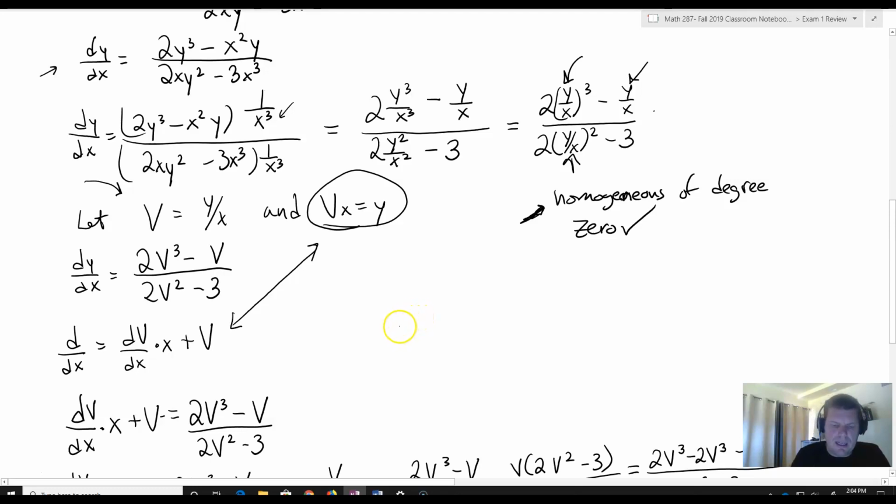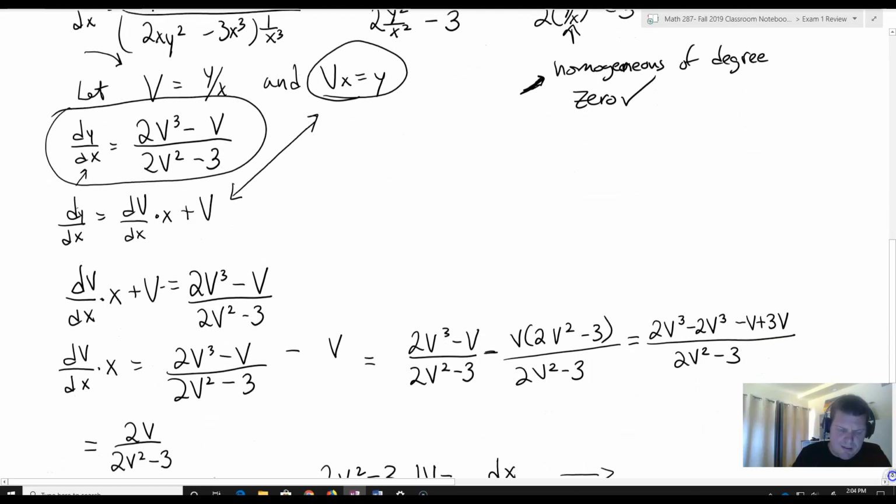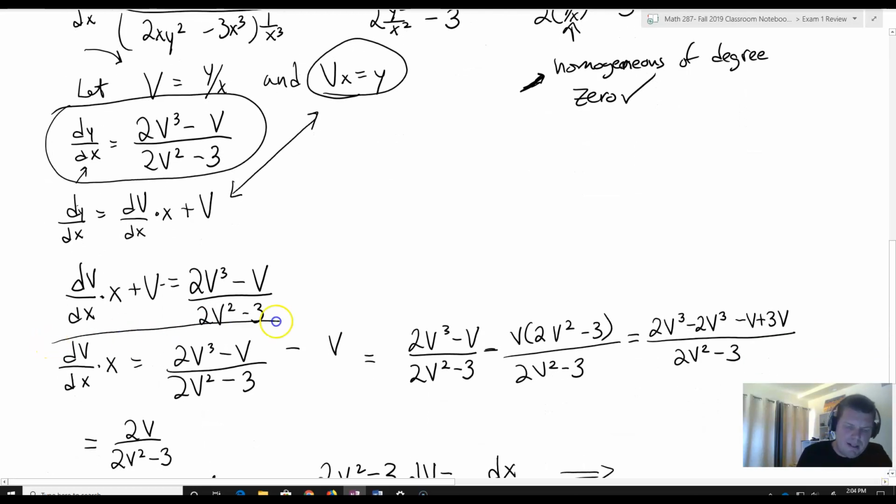Consequently, I end up with this differential equation right here. Then I have to use implicit differentiation to figure out what dy/dx is and make my substitution for dy/dx. Once that's done, what I have is a separable differential equation that I'm going to solve for v.